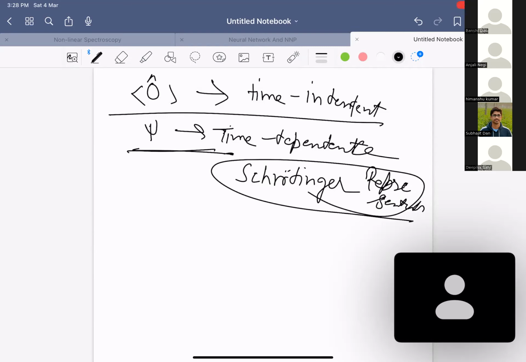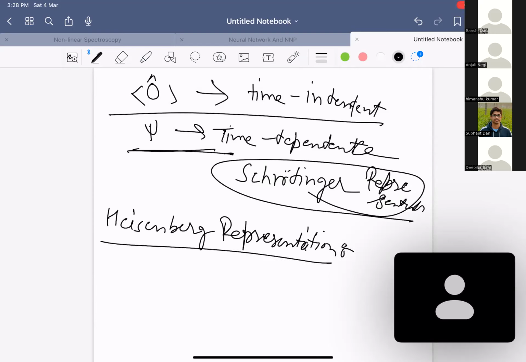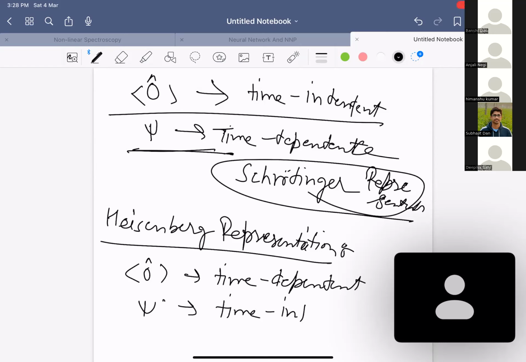But there is another representation called the Heisenberg representation, where the time dependence comes in the operator part. So this is the operator, and it is now time dependent. These are just two different representations, and psi is considered time independent.